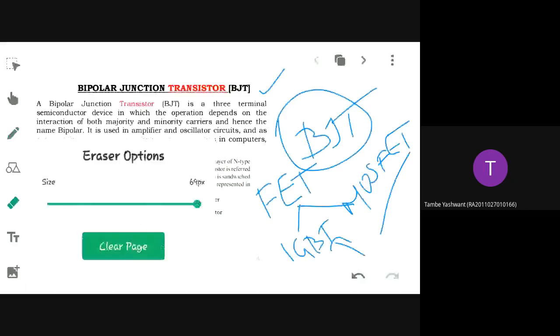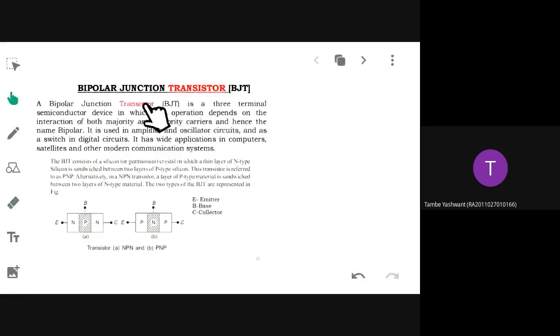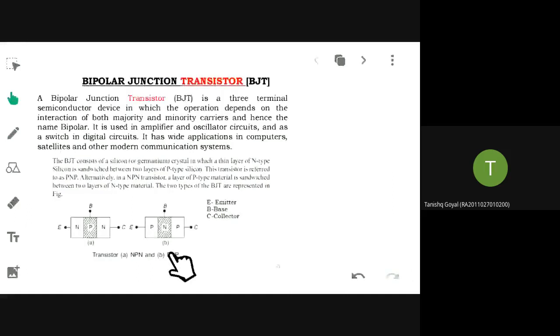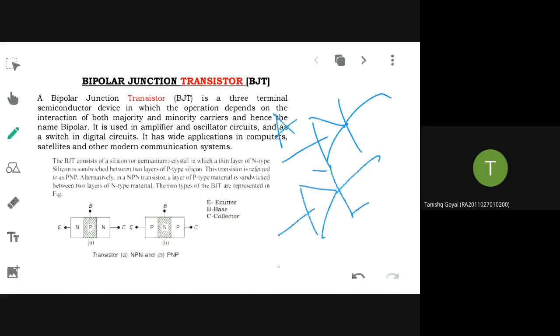The device you are going to discuss today is the BJT, bipolar junction transistor. How many terminals does it have? You can see for yourself in the given transistor diagram. Three terminals. A PN diode or a Zener diode is a two terminal device, with the terminals marked anode and cathode.